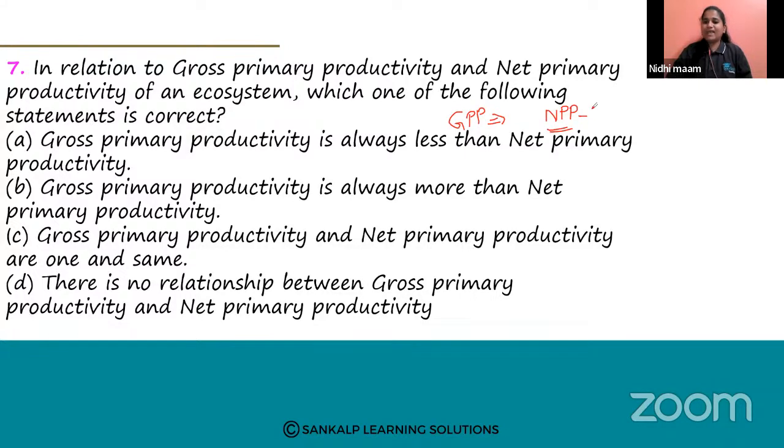Among the GPP, whatever organic matter is produced, some percentage of it is utilized by the plants for respiration. So subtracting the respiration rate from GPP, we will get NPP. Obviously, GPP will be more, so NPP will be less. That is why option B is the right answer.